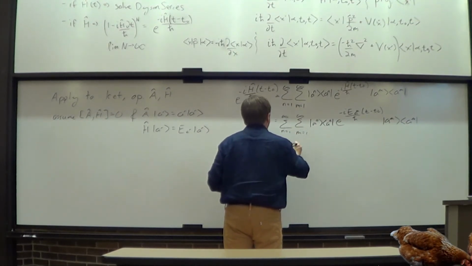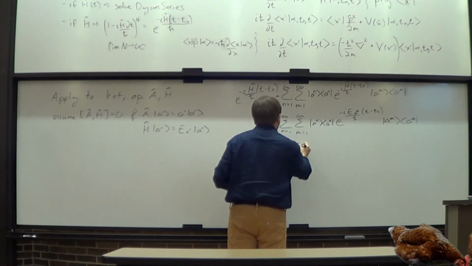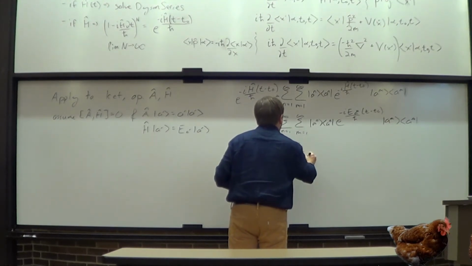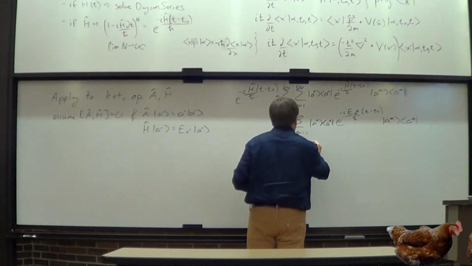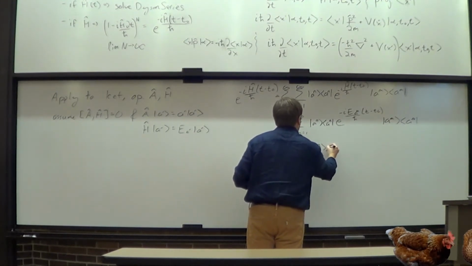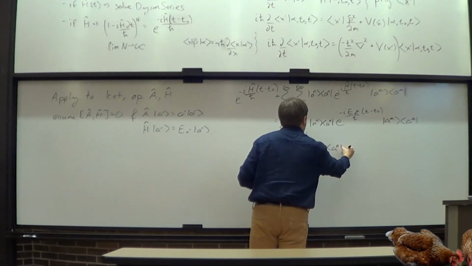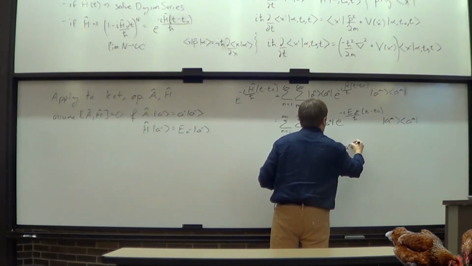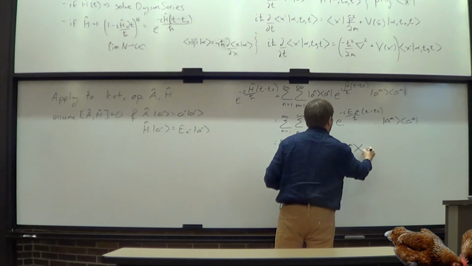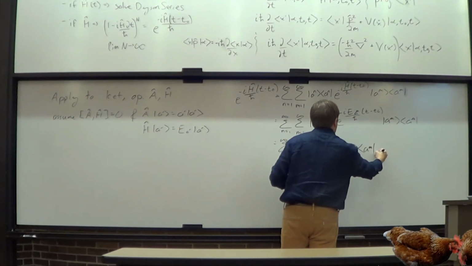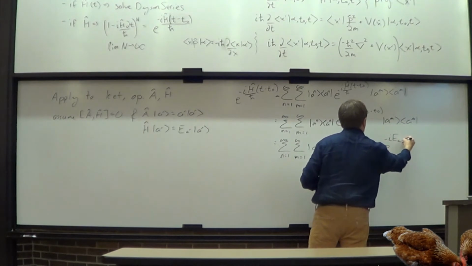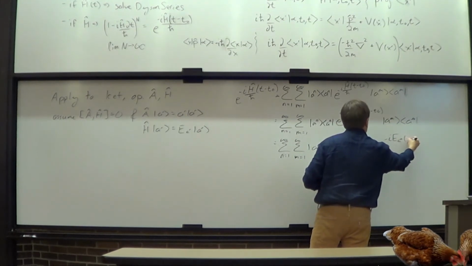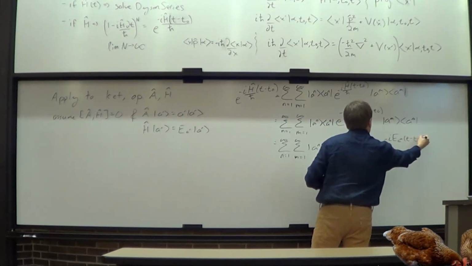Okay, in this case, this e to the i is a number, and it can be moved around. It can be put in front or behind. It doesn't matter where it goes because it's a number. And now I've got a delta function.